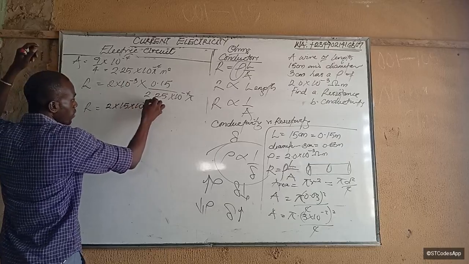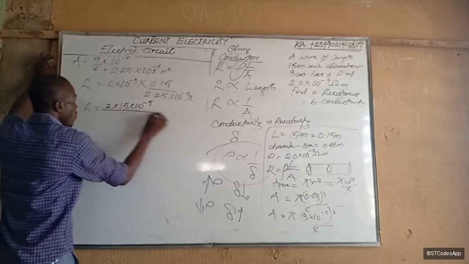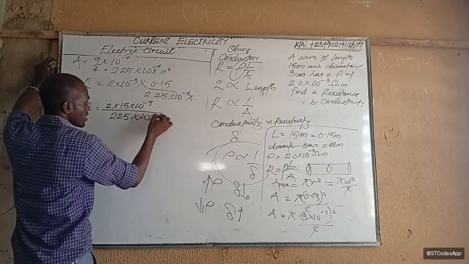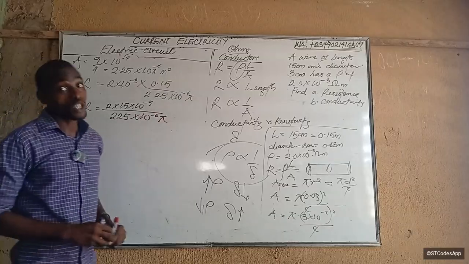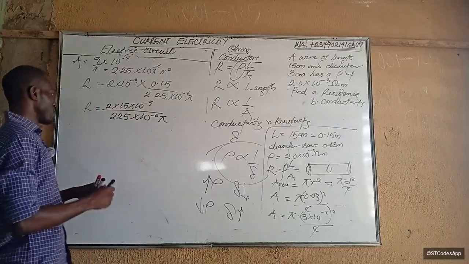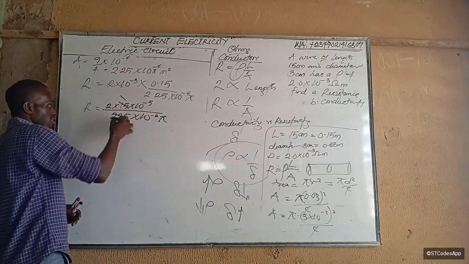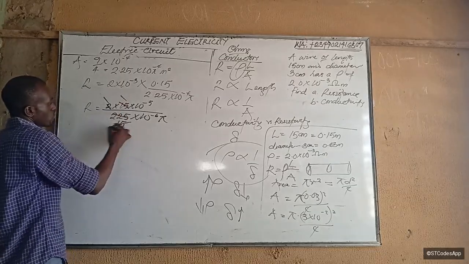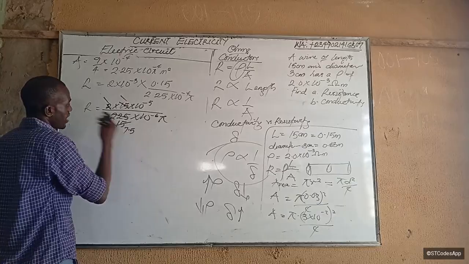That will be times 10 to the power minus 5 at the top, over 225 times 10 to the power minus 6 pi. You can use your calculator if you don't understand the manipulation I did here. This takes care of this, this takes care of this. This gives 15, and 2 over 7.5.